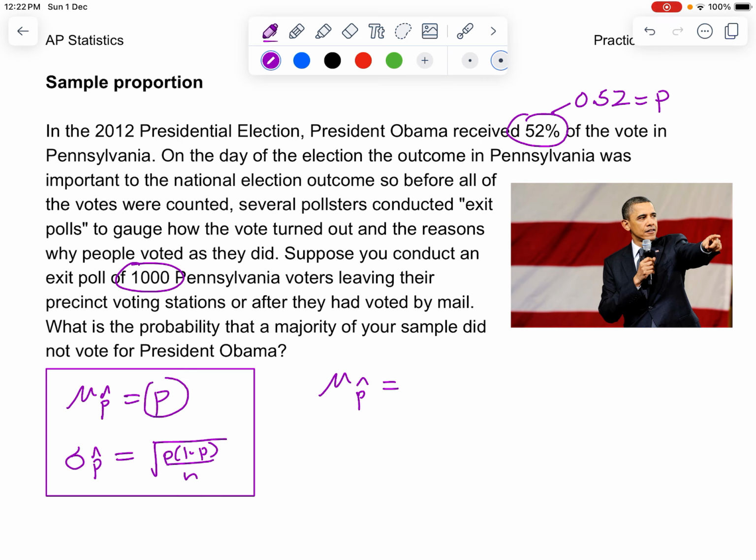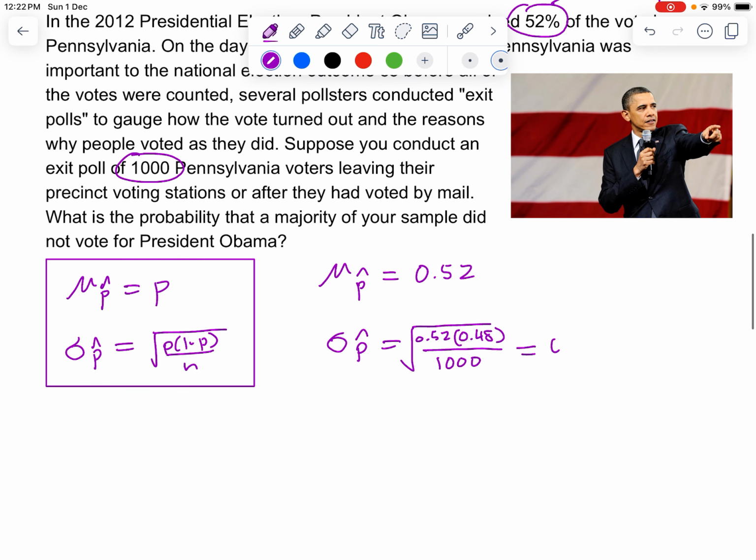Here it says p, or probability, and it's given here, which is 0.52. And then the standard deviation for a sample proportion is going to be the square root of p, which is 0.52, times 1 minus p, which is 0.48, over n, which is 1,000. If you put that in the calculator, you get around 0.015799.